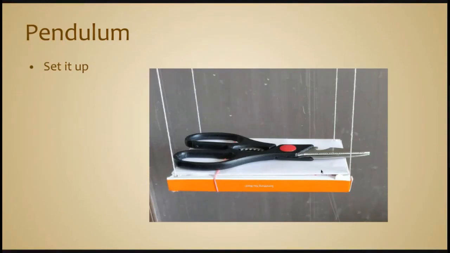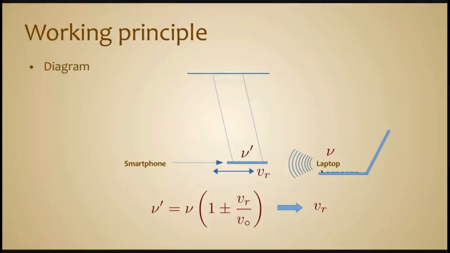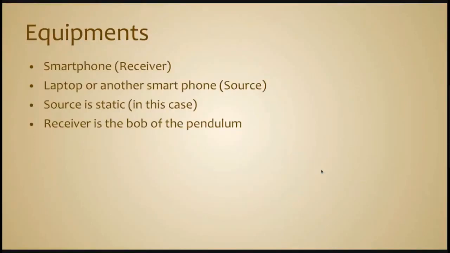And then we will control everything using the Firefox app. So what we do is the following. First of all, we need to make a list of equipment. Now, major equipment is 2. We need a smartphone, which acts as receiver, and it is the bob of a pendulum. And we need a laptop or another smartphone.